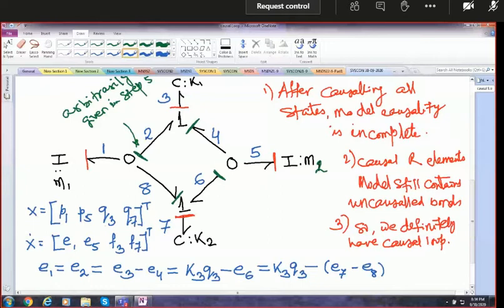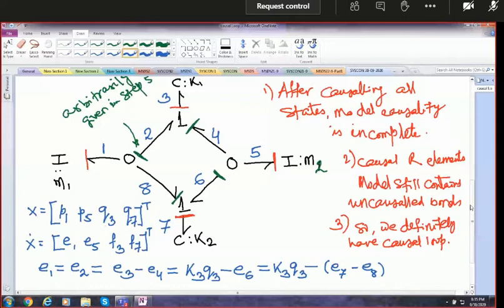So E2 is E3 minus E4, E4 is E6, E6 is E7 minus E8.